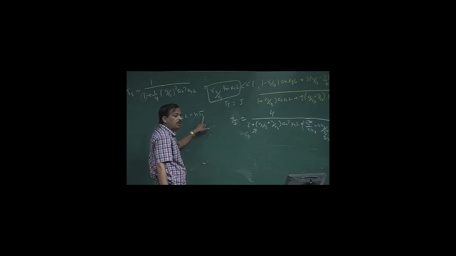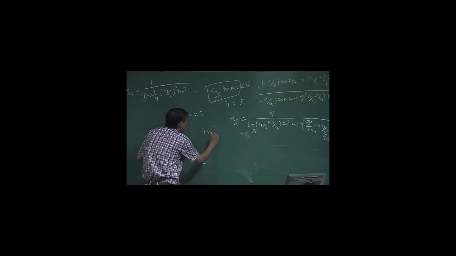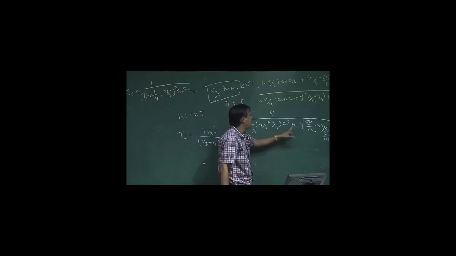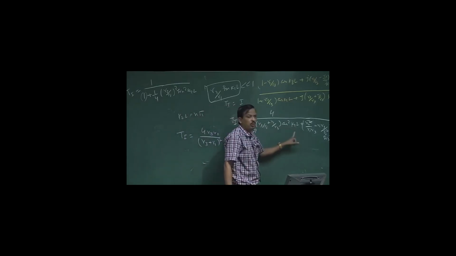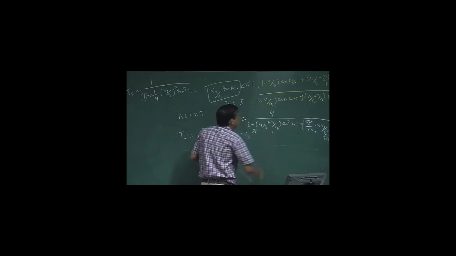Then Ti will be 4 R3 by R1 divided by R3 plus R1 whole square. I put K2L equal to n pi in this equation, then I get that Ti is 4 R3 into R1 divided by R3 plus R1 whole square, because the other term will be 0.